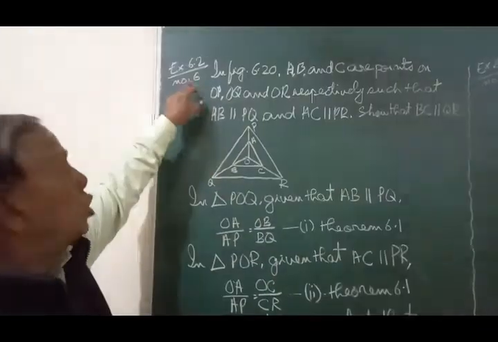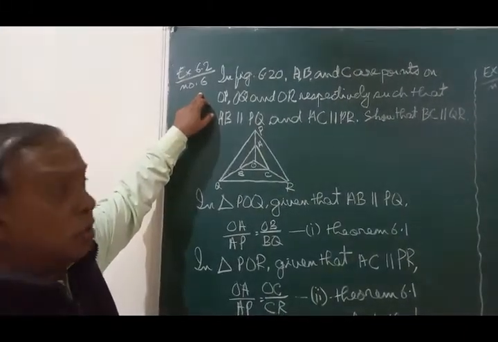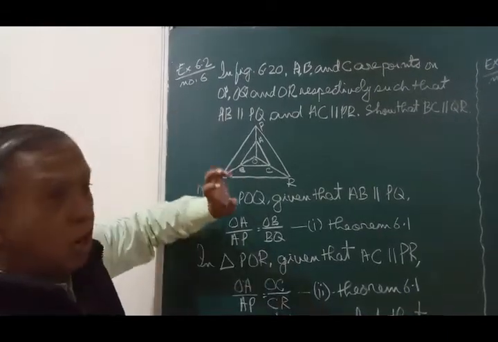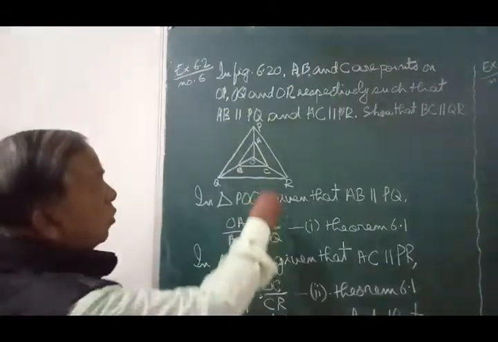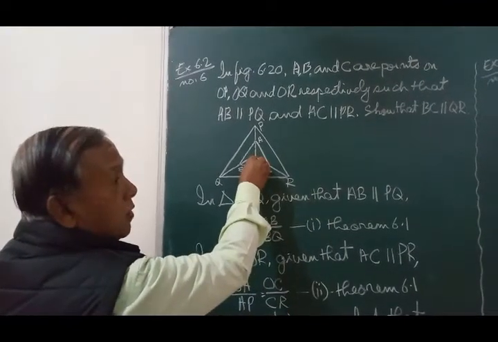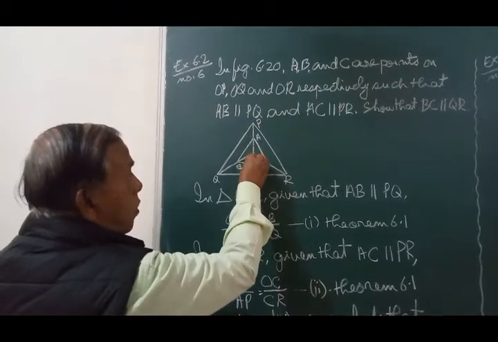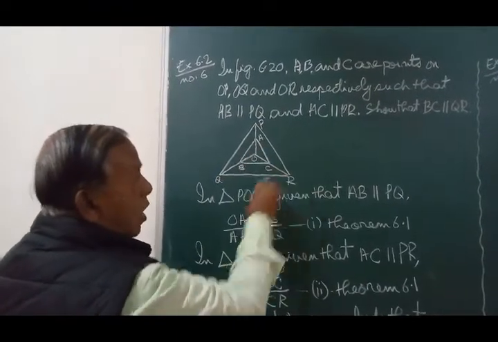We now come to question number 6 again of exercise 6.2, and how to draw the figure. Draw the triangle PQR. Put a point here. Join point O, join PO, OQ and OR.